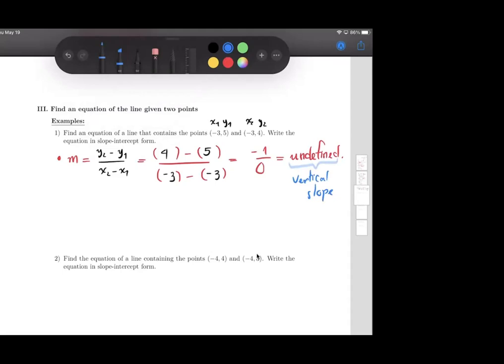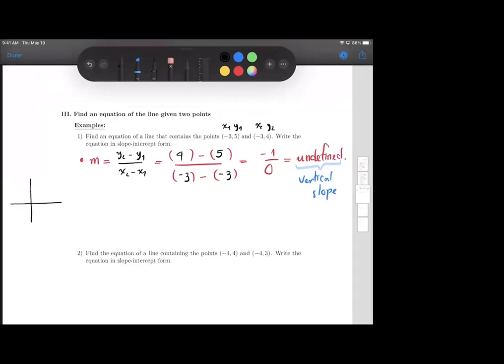So using your critical thinking, what do you think it equals? Is it y equals, or x equals? It's vertical, so it doesn't equal anything. There's an equation.